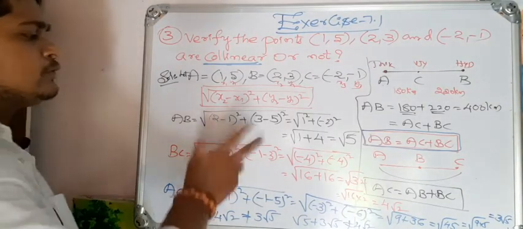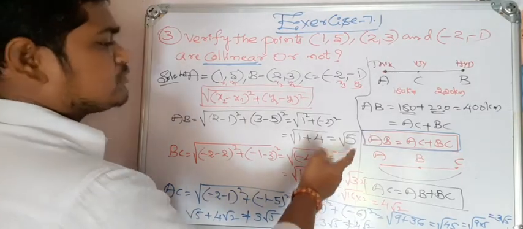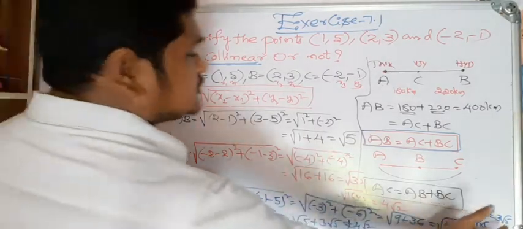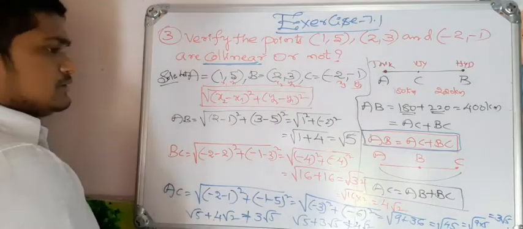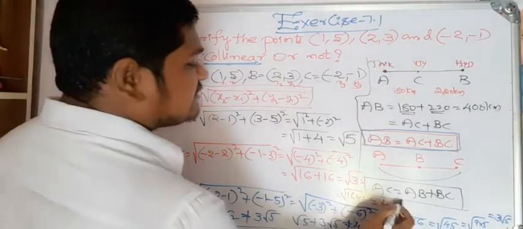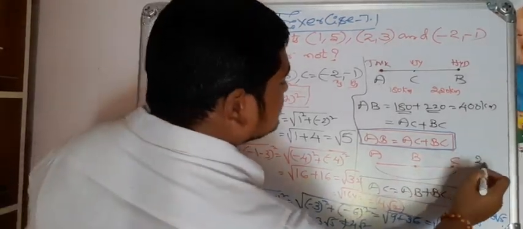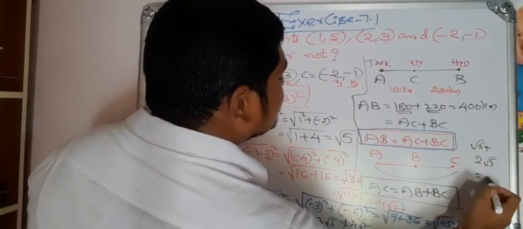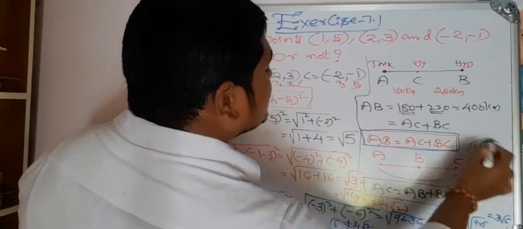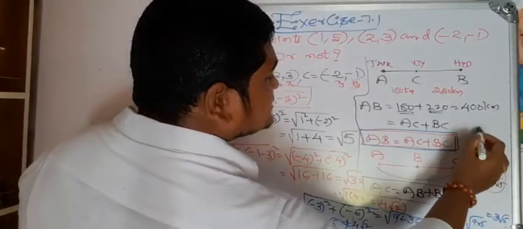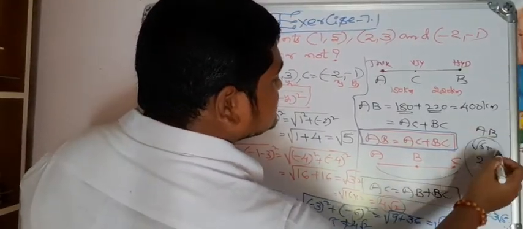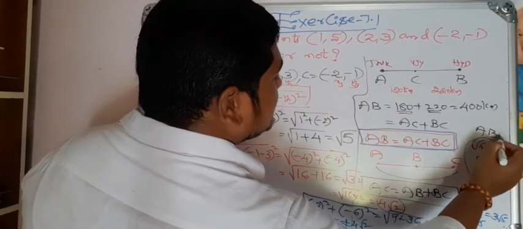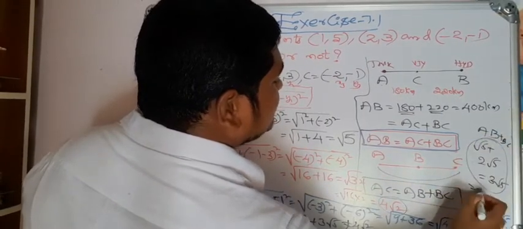For suppose root 5 is there, and 3 root 5 is there, and if there is a chance of getting 2 root 5, then we take root 5 plus 2 root 5, that is equal to 3 root 5. Then it is collinear. That means for suppose this is the distance AB, this is the distance BC, so we are getting AB plus BC is equal to AC.